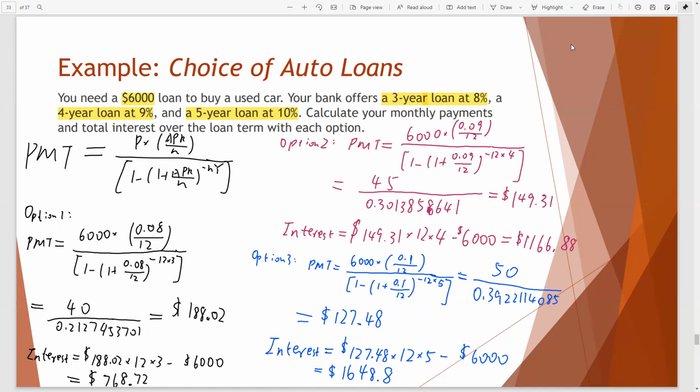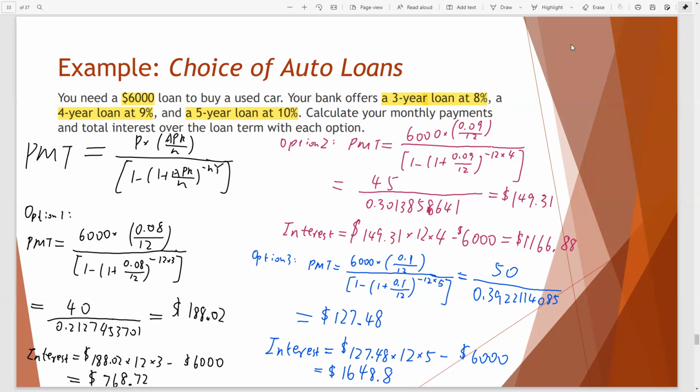But at the end, the amount exceeds the principal, which is what you're supposed to pay, right? Then the interest part also is a great difference, almost $1,000 more, from 3 year to 5 year, the total payment you make. So still, from the idea we have in the beginning of this chapter, if you are able to afford your monthly cash flow, then borrowing a shorter term loan will be a benefit, right?